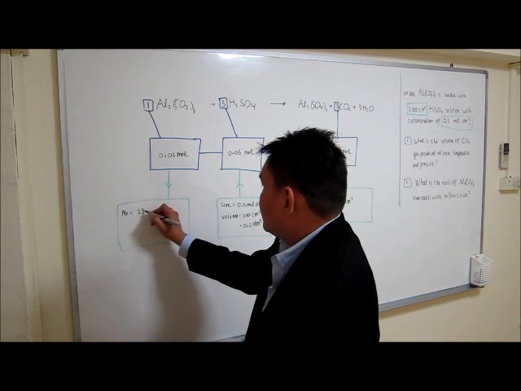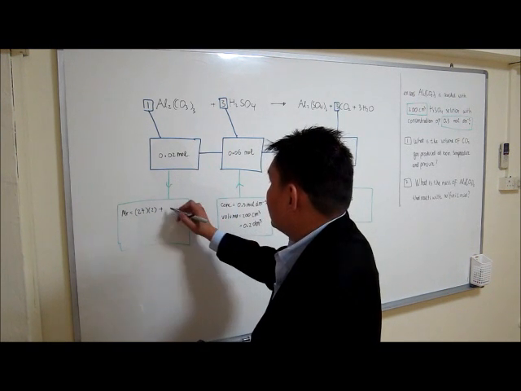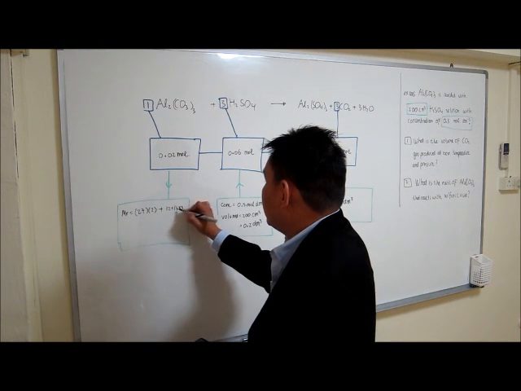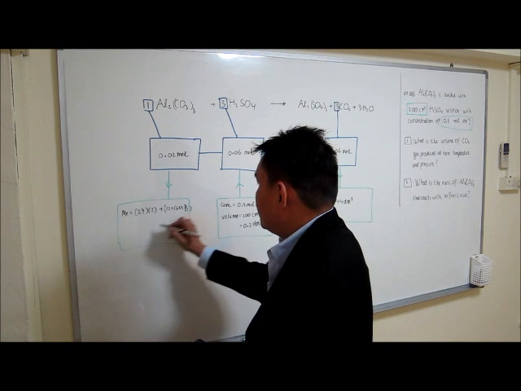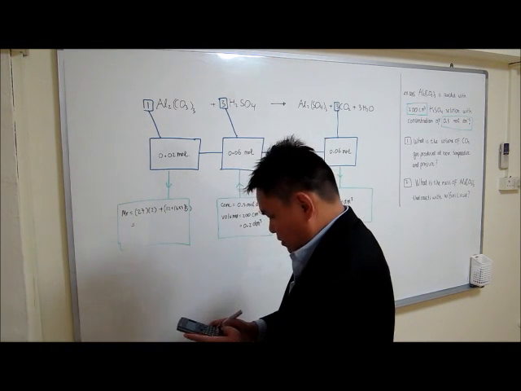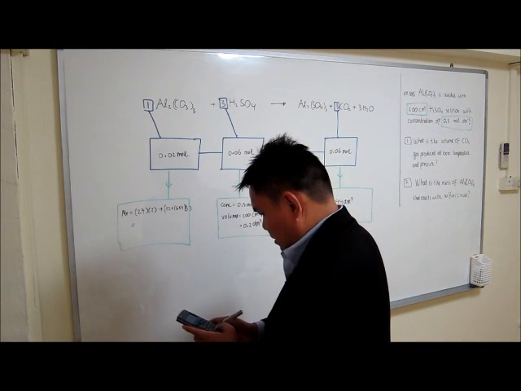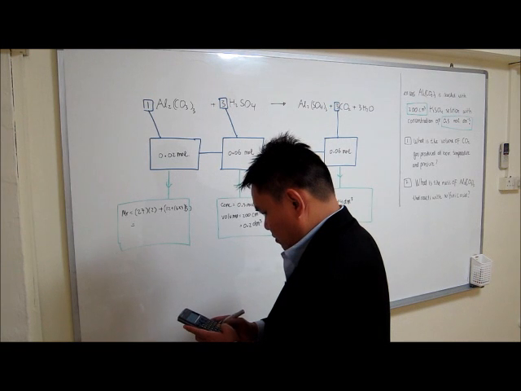Al is 27. Carbon is 12, of course. 12 plus 16 times 3, and the whole thing you multiply by 3. So 27 times 2 plus 3 times 12 plus 16 times 3.